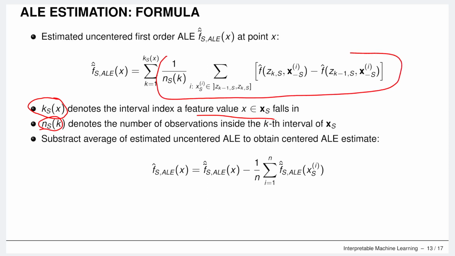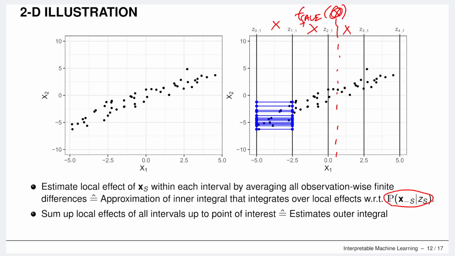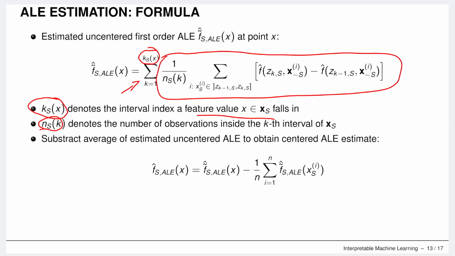This here is then basically the average of all local finite differences within a certain interval. And we are summing this up to the interval where the value x lies, as I have previously described, including this interval. In order to have a mean-centered AL plot, we subtract the mean value.